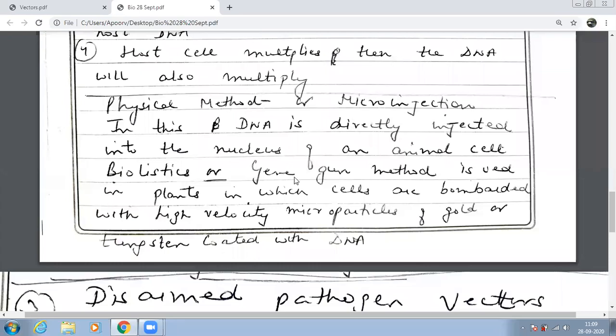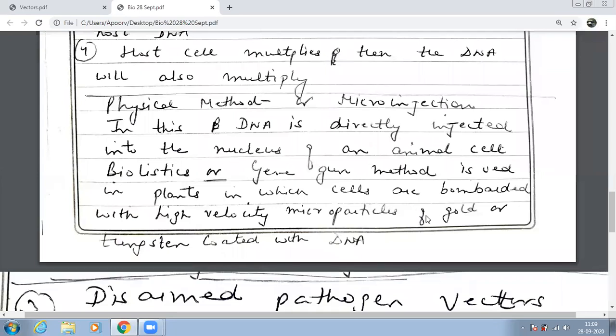The physical method used for plants is biolistic or gene gun method. What do we do in this method? We take the plant cells and bombard them with high velocity microparticles. Bombard means hit them with a lot of force. These particles are either made of gold or tungsten and they are coated with DNA.